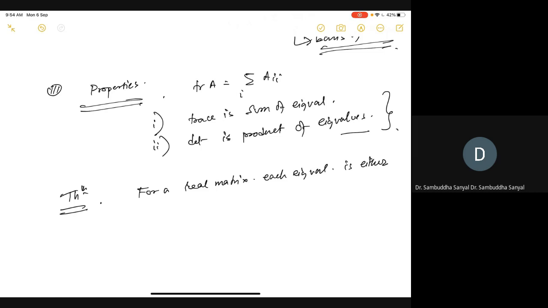So the property is the following: each eigenvalue is either real or complex, both are possible. But if a complex number is an eigenvalue, its complex conjugate is also an eigenvalue. Try to prove this.